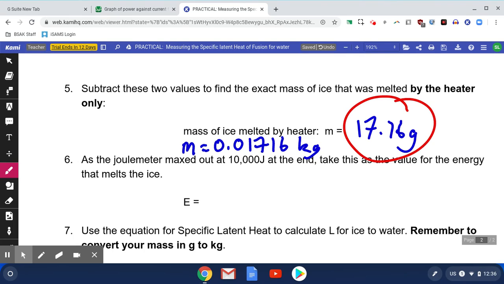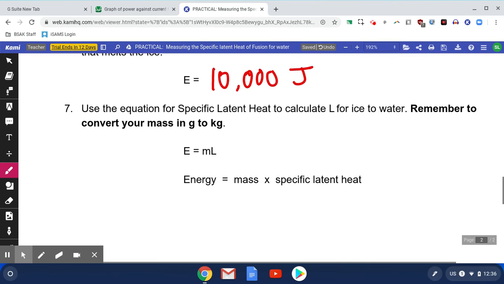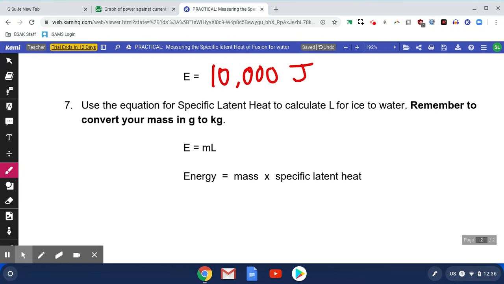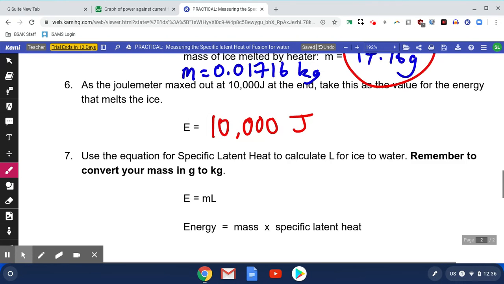So I didn't mention this in the video, but the joule meter, which is measuring the amount of energy in joules, maxed out at 10,000 joules, and that's when I stopped the heating process. So our energy in is 10,000 joules, making sure I write the unit because it could be kilojoules. Right, we're using the equation now, aren't we? E equals ml. So what was our m again?